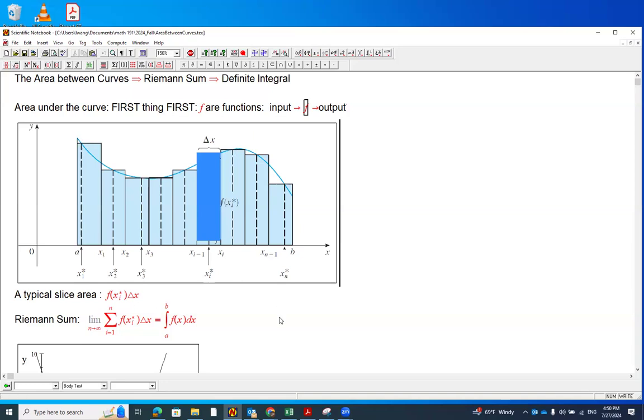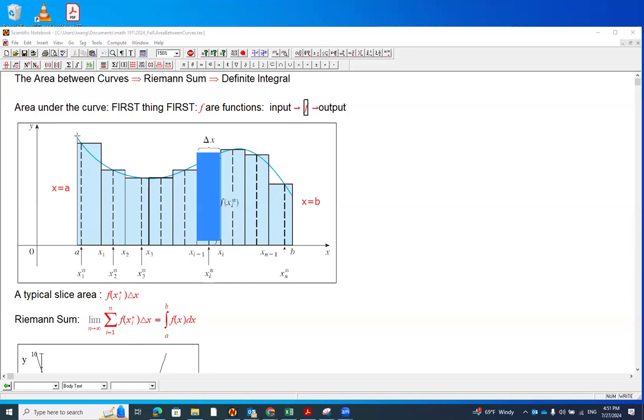To apply this technique, you need to observe that this area is bounded by this vertical line, which is x equals a, and the other vertical line, which is x equals b. So the area we're looking for is really this piece.